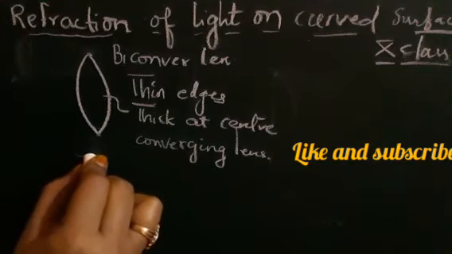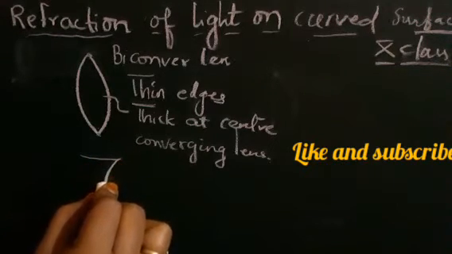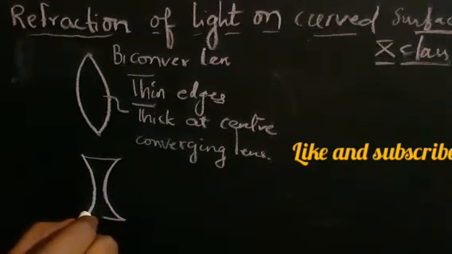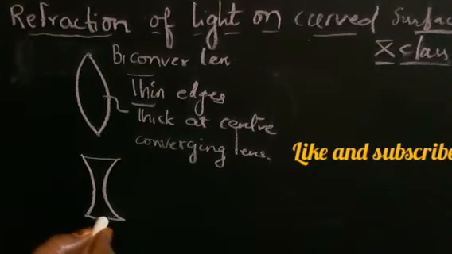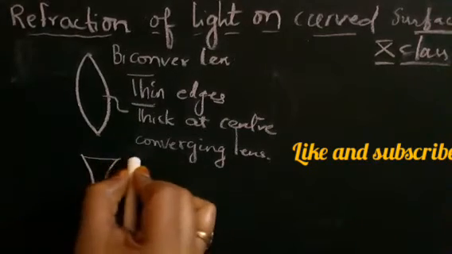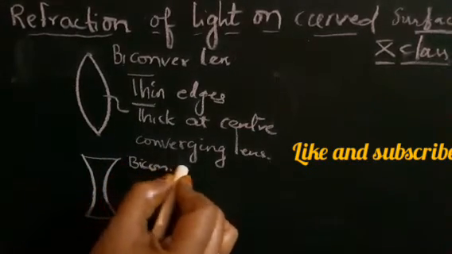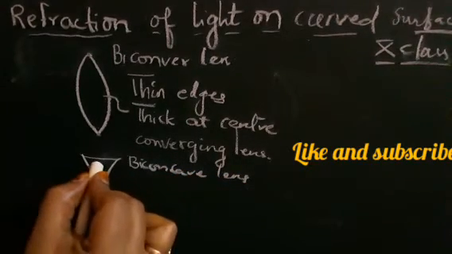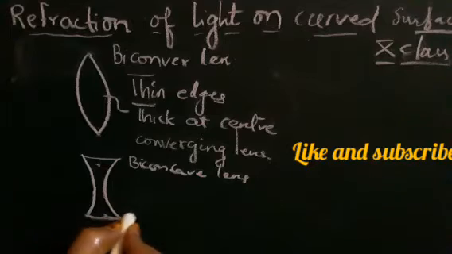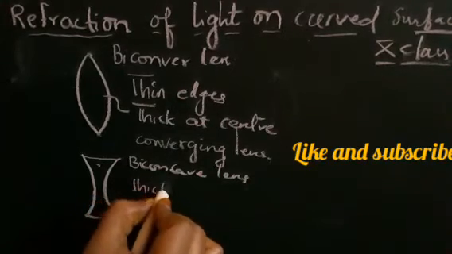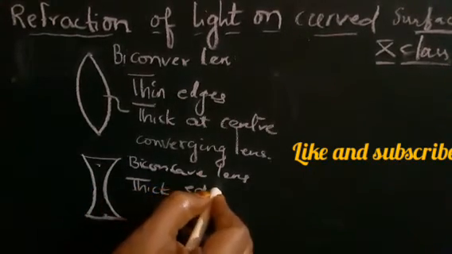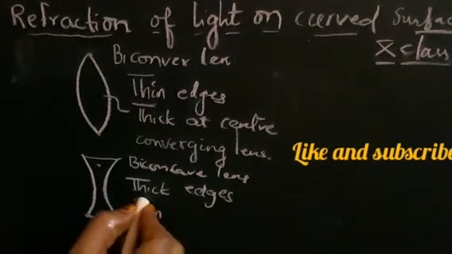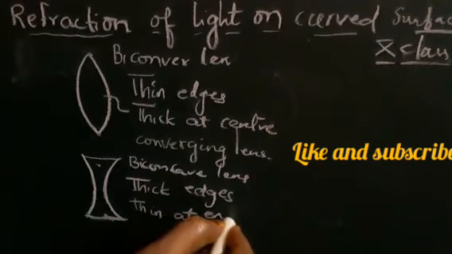Now if we look at the biconcave lens, see the structure of the biconcave lens. The edges are thick, and they are thin at the center.